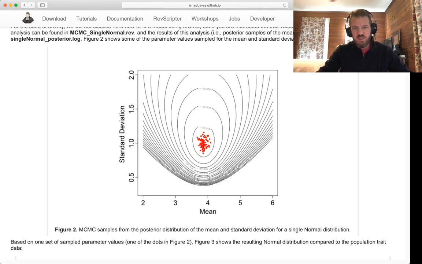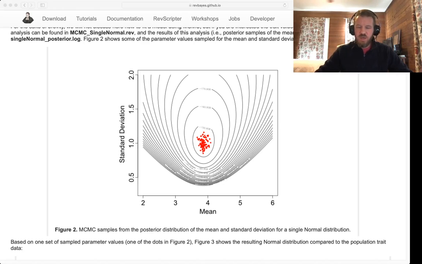Each of these concentric circles represents one elevation in our posterior landscape. You can see that our MCMC analysis has sampled a series of parameter values, but they all tend to fall in roughly the same part of parameter space. So we have a mean that's maybe at or slightly below 4 and a standard deviation that's close to 1.